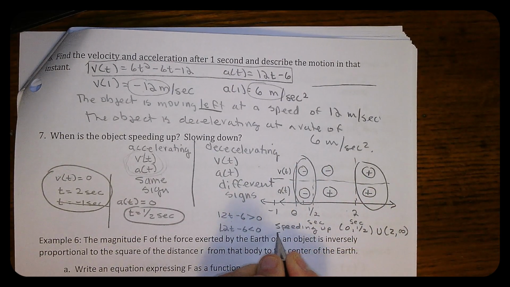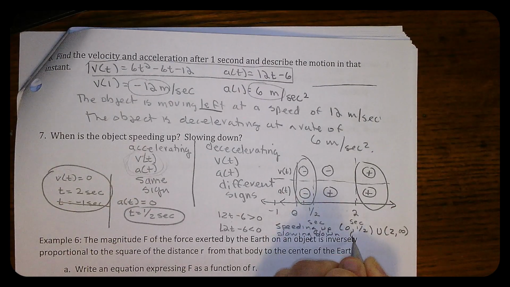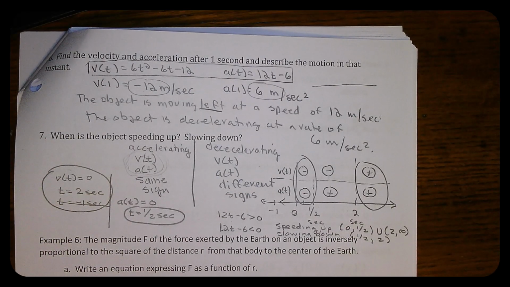And the object is slowing down or decelerating from 1/2 second to 2 seconds. All right, so that's how you would figure out the signs of velocity and acceleration to see whether it's accelerating or decelerating.